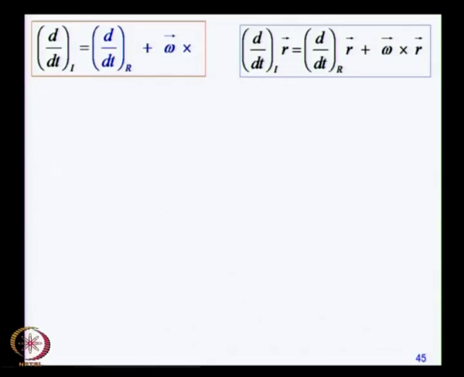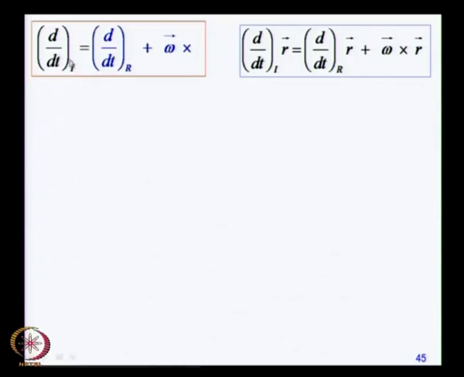If it operates on the position vector, we get this relation that the velocity in the inertial frame of reference is equal to the velocity in the rotating frame of reference plus the cross product of omega with the position vector, which is omega cross r. Now, this is what happens when you take the first derivative. When you take the second derivative, again you are taking differentiation with respect to time, but differentiation with respect to time must always have this operator equivalence.